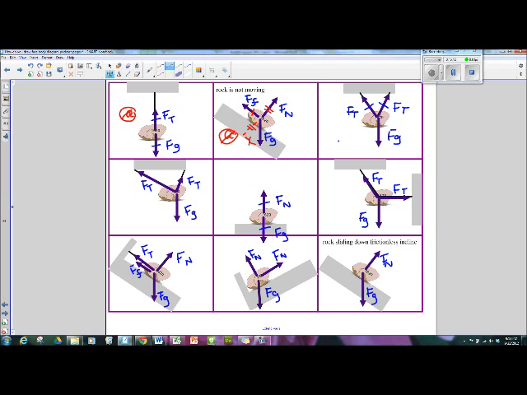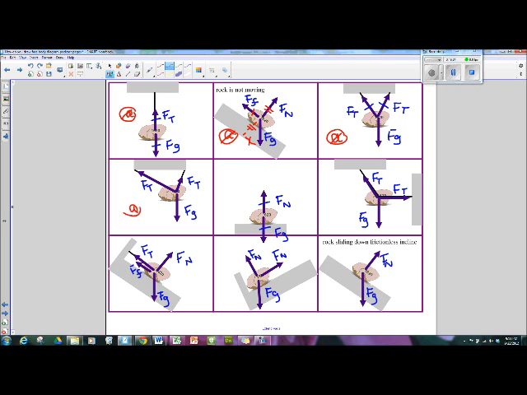Now here it's a little bit easier to see. It's also hanging stationary, so not accelerating. The vertical part of these will cancel out gravity, and the horizontal part of this one will cancel out the horizontal part of this one. This one, same thing.